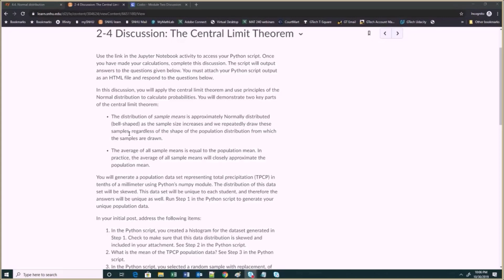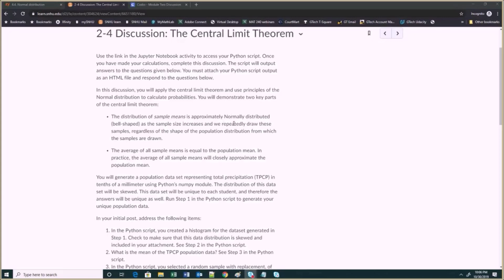Let's say I pick 1,000 samples, so now I have 1,000 sample means. If I plot the distribution of those sample means, it would always be normal, even if the actual population distribution is not normal. If the distribution I'm picking from is skewed, the distribution of sample means will still be normal.